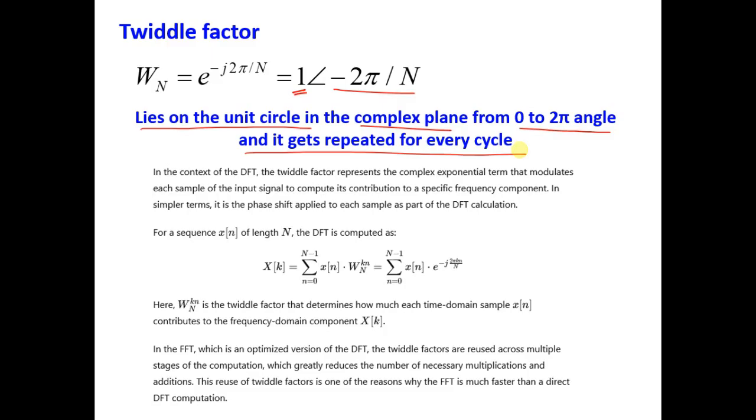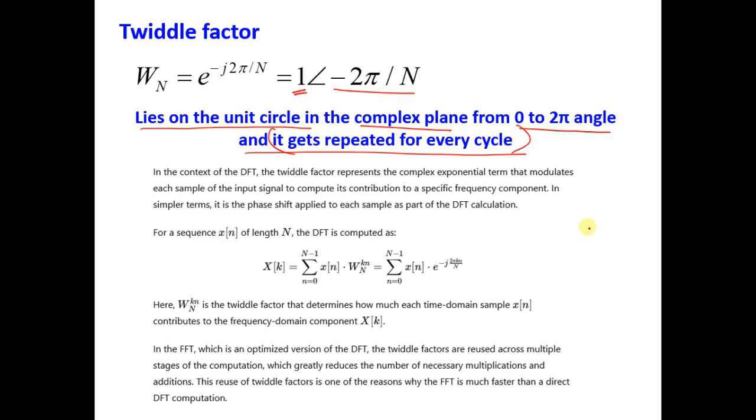Because when you are on a circle, 0 and 360 are both the same. Again after 360, when you repeat, it will be superimposing on a particular value again. So this is what it has been said, that after the 2 pi angle, the values start to get repeated itself.